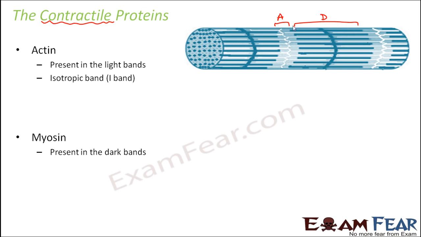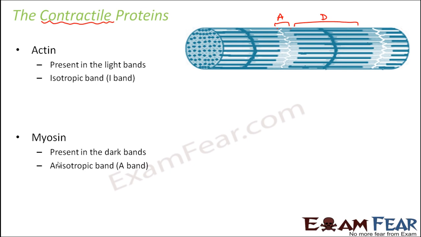In the light bands, you see only white lines present, starting from here till here. That means the properties are the same throughout. Properties in the sense, it is all made up of actin. The entire light band is made up of only one protein, that is actin. That is why it is called isotropic, because in a way it is homogeneous.